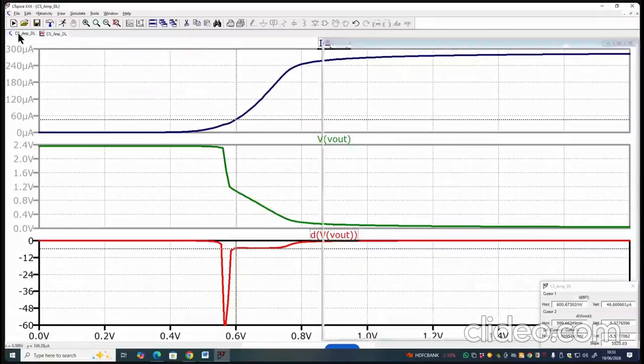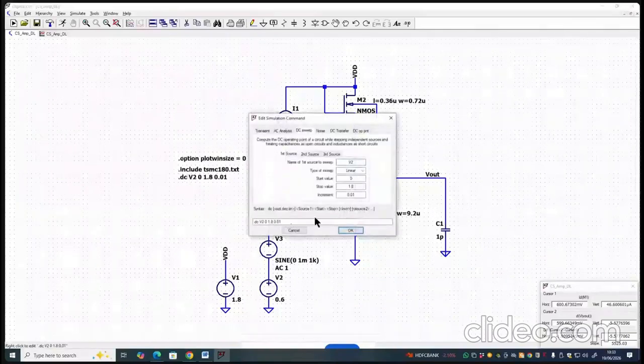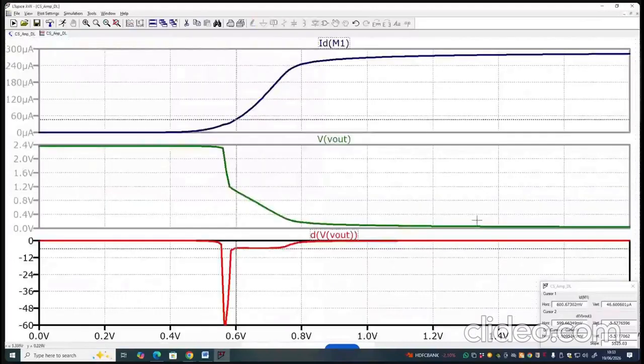So now if we want to observe the gain bandwidth product, we need to do the AC simulation. The current should have been more than 47, 50, we designed it for 50, right? We designed it for 50. It comes out to be 46 microampere.